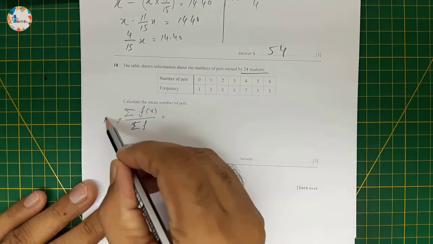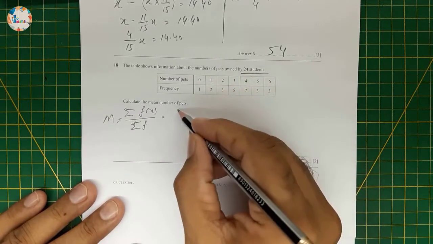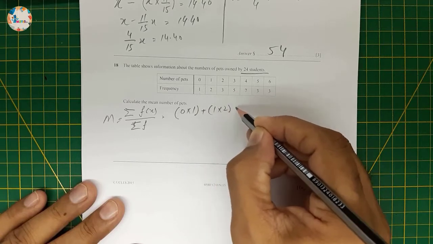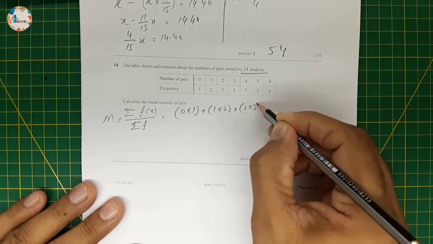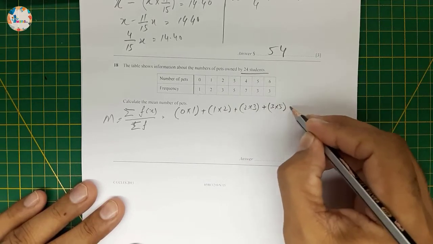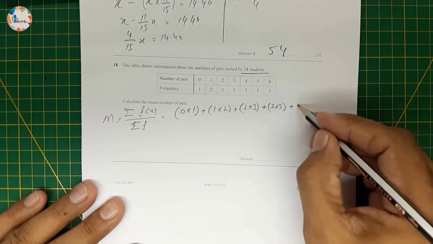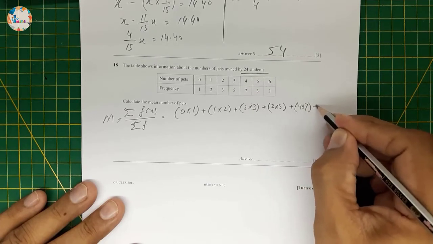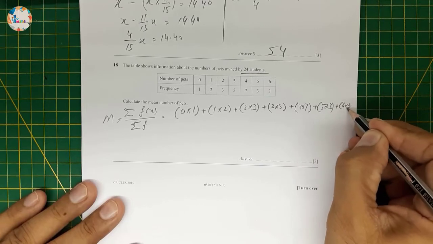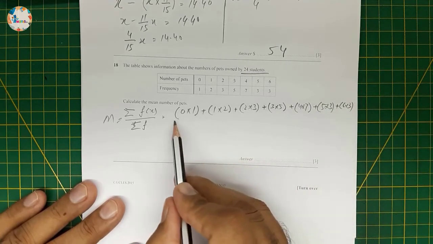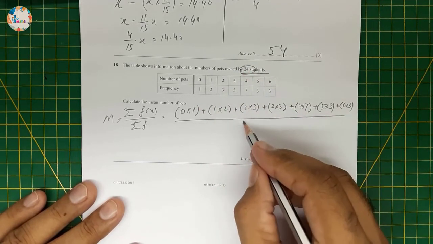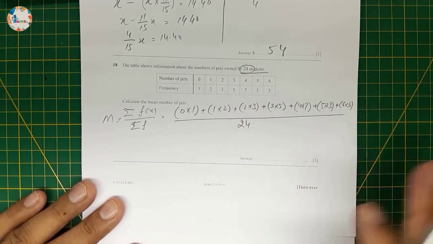So 0 into 1 plus 1 into 2 plus 2 into 3 plus 3 into 5 plus 4 into 7 plus 5 into 3 plus 6 into 3. This is sigma fx, divided by sigma f, the frequency, which is 24.